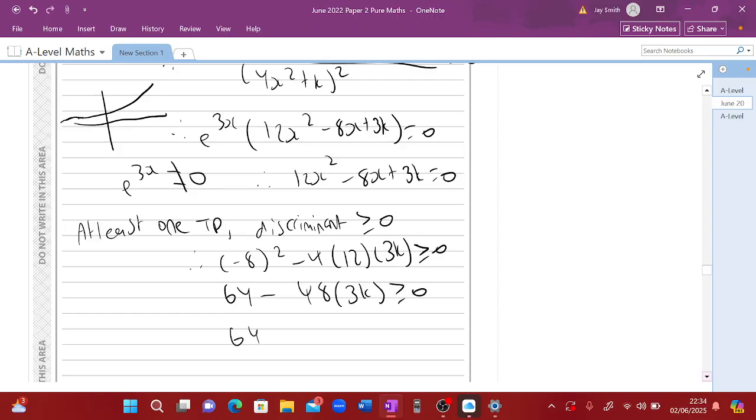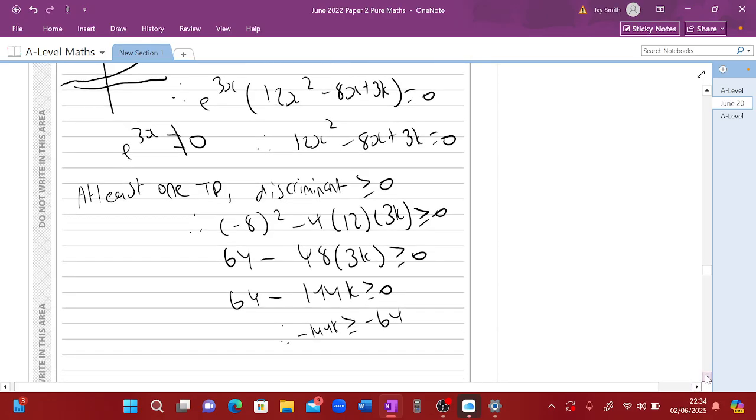So that's 64 minus 144k. I've got the maths right there. Yes, 144. So therefore k is greater than... I need to be careful here. Minus 144k is greater than or equal to minus 64.